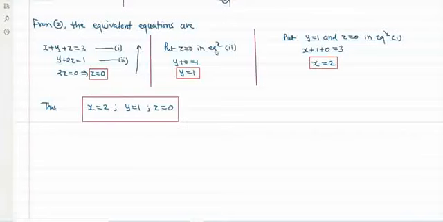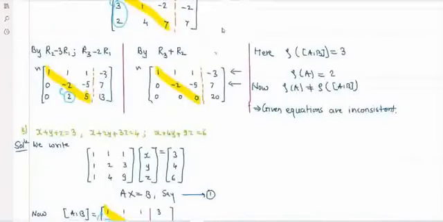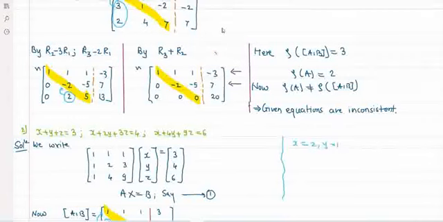I will go to the given equations. I will use some different color. Now suppose you are verifying the equations. Your values: x is equal to 2, y is equal to 1, z is equal to 0. First equation becomes, substituting the values, 2 plus 1 plus 0, that is 3, the RHS.